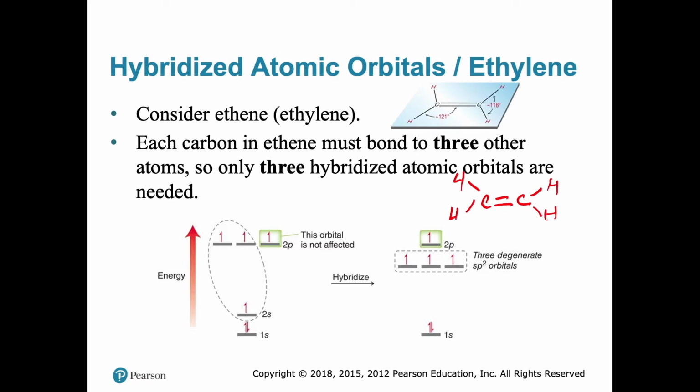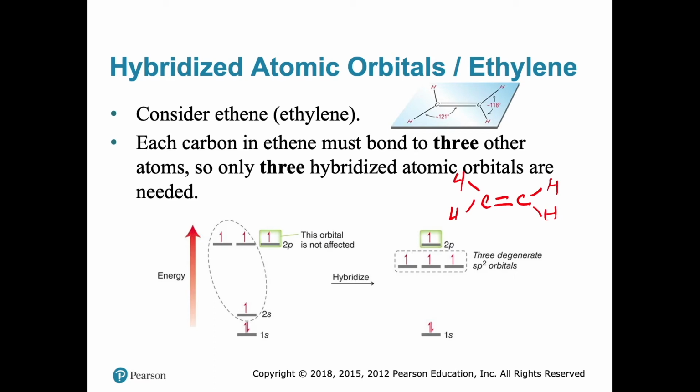The 2px and 2py orbitals hybridize with the 2s orbital, making 3 degenerate orbitals. The easy way to figure out the hybridization of a carbon is to count the electron domains. For this one, there is an electron domain here, the bond between hydrogen and carbon, one up here, and one between these two carbons.